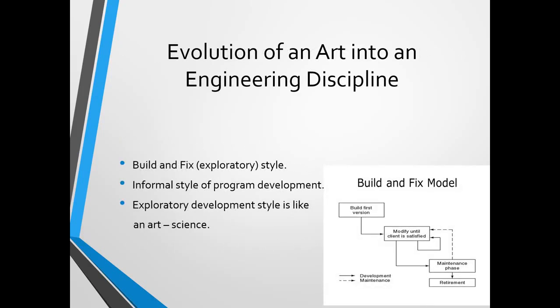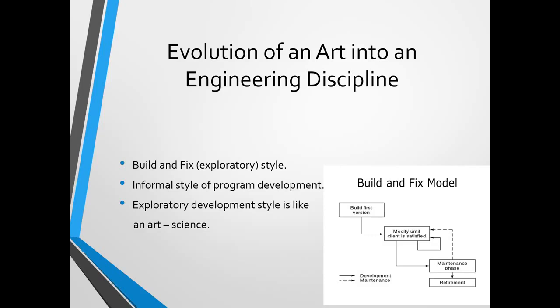In this section, we will discuss the evolution of an art into an engineering discipline. At first, we have the art and science type of system, and gradually the engineering discipline comes. So we should discuss here that evolution.